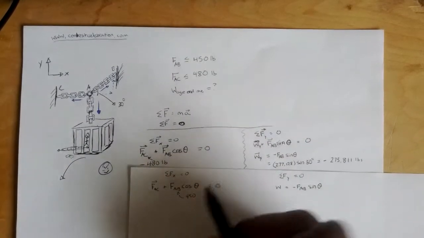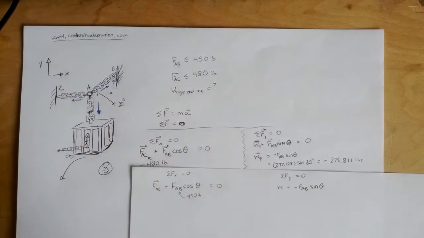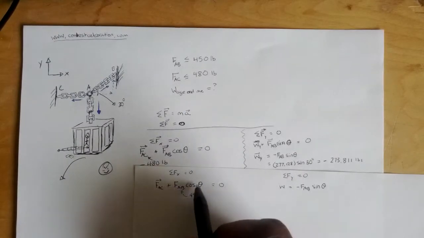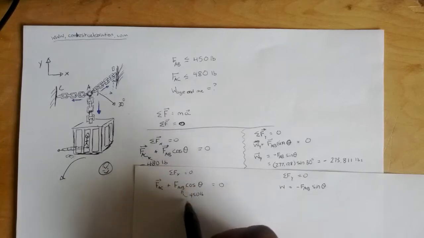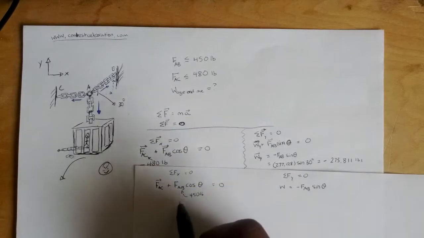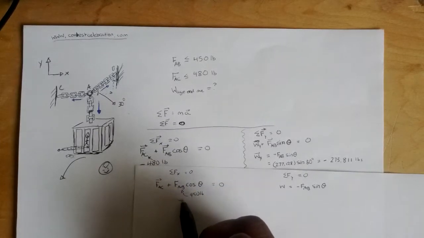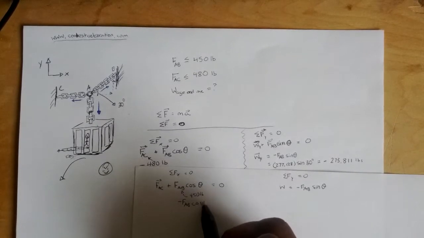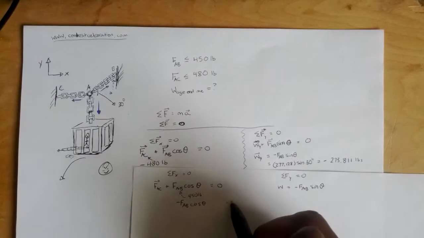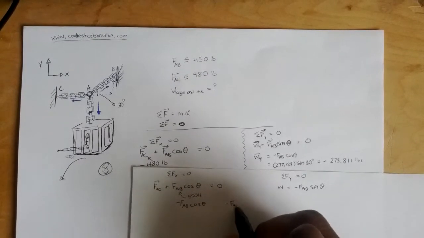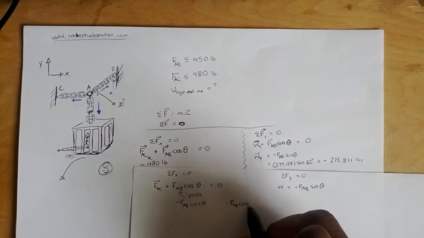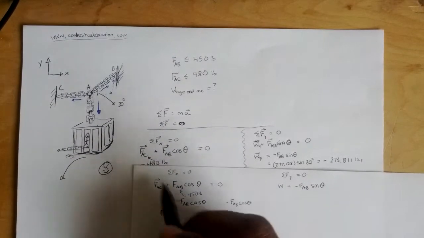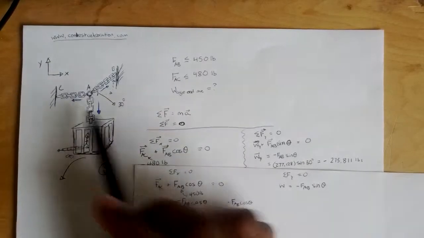I'm going to assume that's the tension. So now I've got to solve for this. So I subtract this term from this side of the equation and subtract it from the 0. I'll write that out this time just in case anyone was confused before. Minus cosine theta, and that will give you the equation for the force in AC.